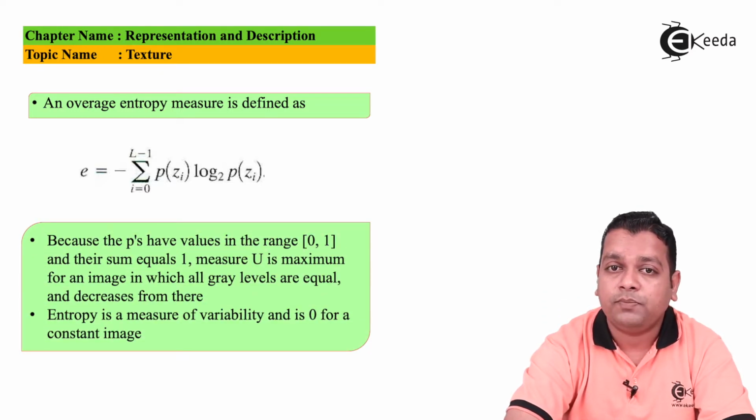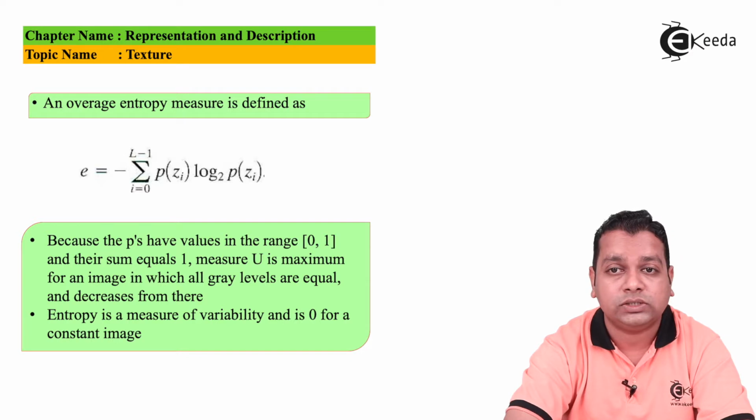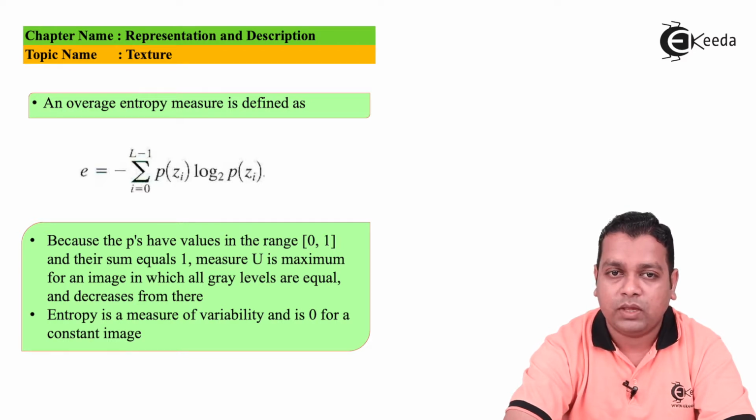Because the p's have values in the range 0 to 1 and the sum equals 1, the measurement of capital U is maximum for an image in which all the gray levels are equal and decreases from there. Entropy is the measure of variability and is 0 for the constant image. A constant image can also be said to be a signal like the DC value, so the entropy measurement will be equal to 0 here.